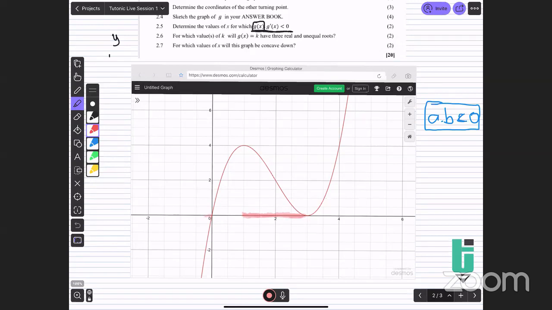Is it satisfied? Yes. So that means that all this is satisfied to negative infinity, and all this is satisfied. So x would be greater than 1 and smaller than 3, and x must be smaller than 0.